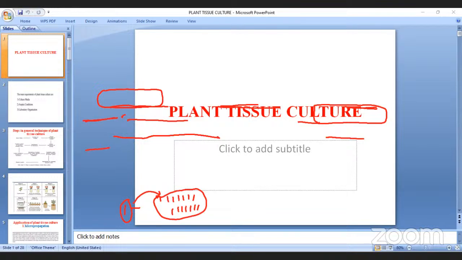This kind of variation may show some useful characters, but not always. These useful characters may not be present in the mother cell, but such a condition is obtained in the offspring.